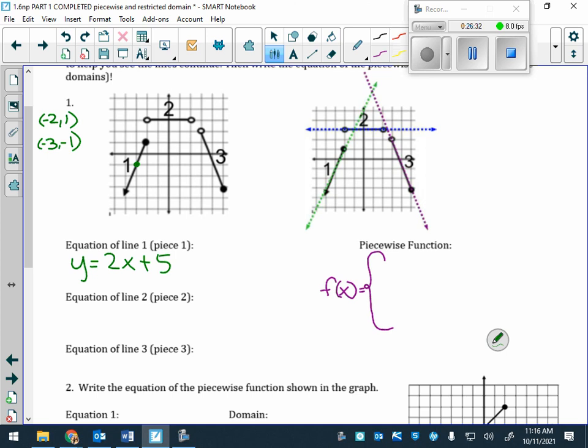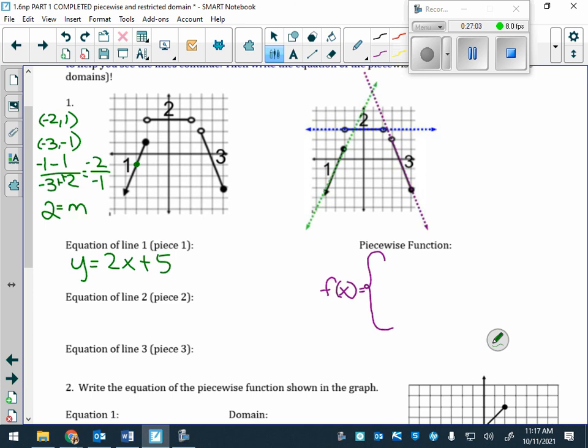This is a surefire way to work. It has to be a definite point, though. If it's in between or slightly off like this one is, then you won't get the exact slope. So we have negative 1 minus 1, and then negative 3 minus negative 2. So we have negative 2 divided by negative 1, which gives us 2.